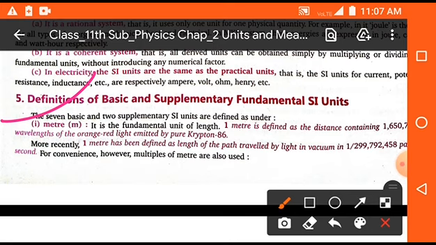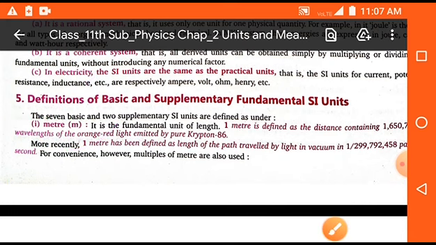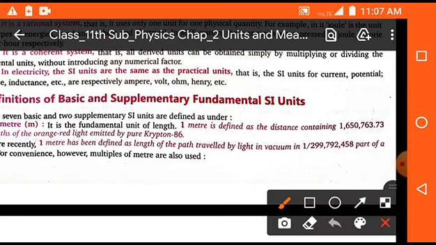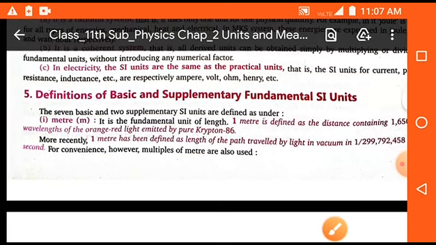Clear? So 1 meter has been defined as the length of the path traveled by light in vacuum in 1 upon 299,792,458 part of a second. Clear?